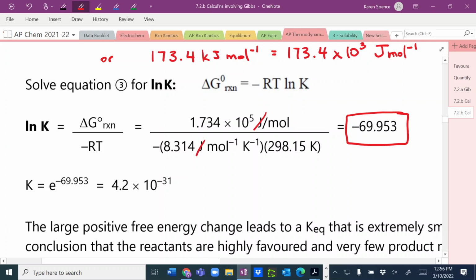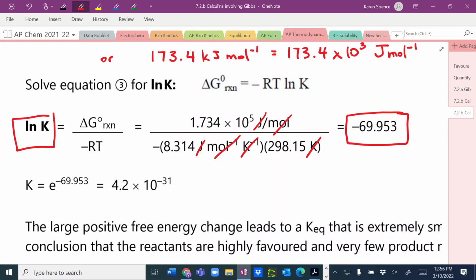Yes, you do. Look, I have joules and joules, moles to the -1 and moles to the -1, and Kelvin and Kelvin. I'm left with no units. Is that okay? Yeah, because it's a K. K has no units, so ln K has no units.